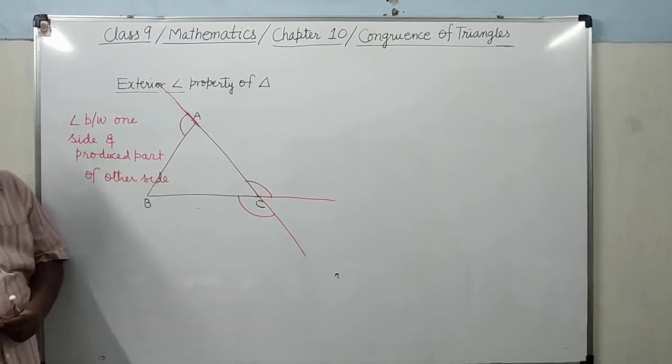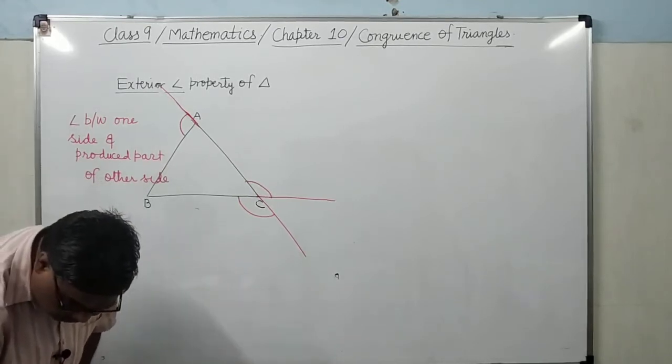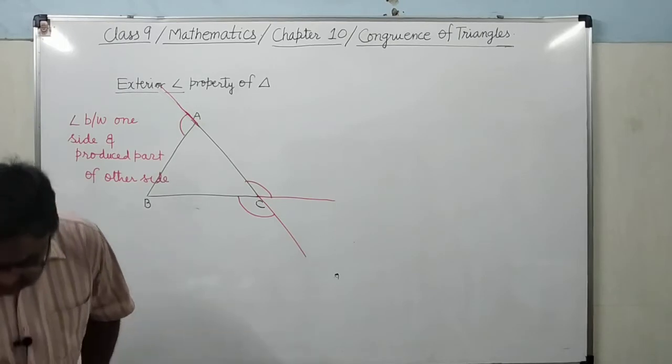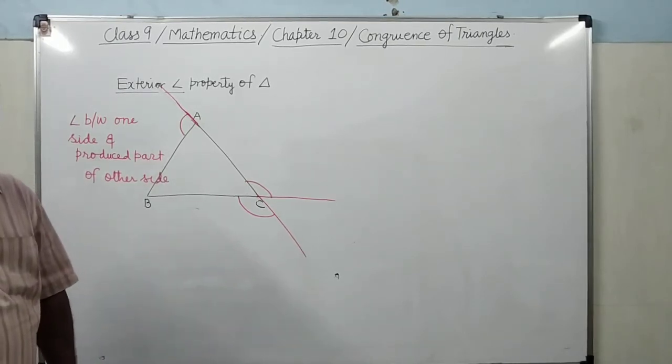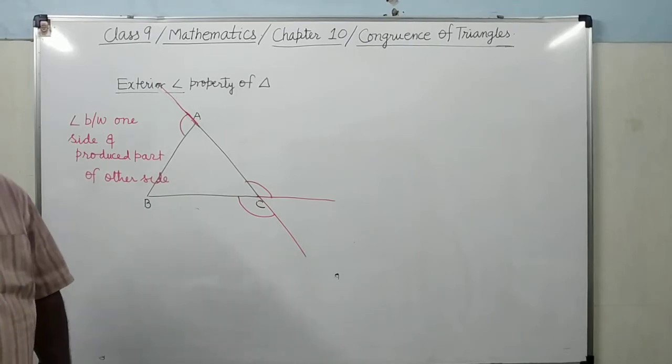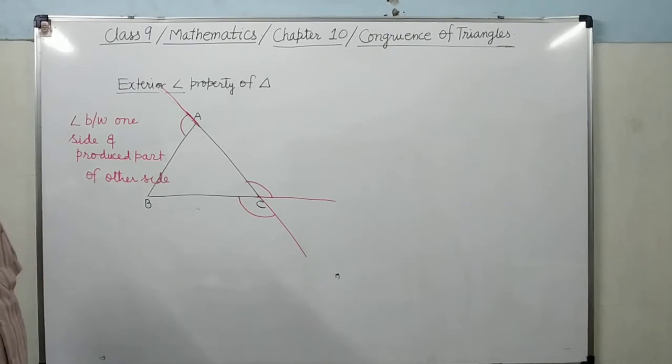Now what is the exterior angle property of the triangle? According to the exterior angle property of the triangle, the exterior angle of a triangle is equal to the sum of the interior opposite angles. The exterior angle of a triangle is equal to the sum of the interior opposite angles.